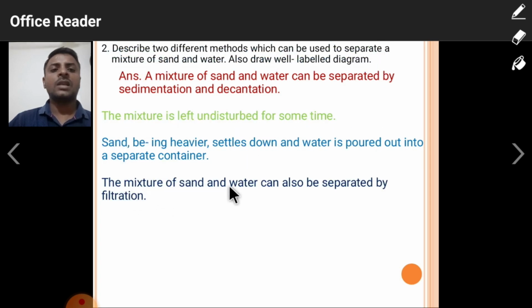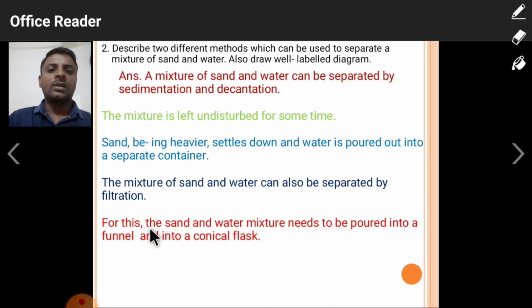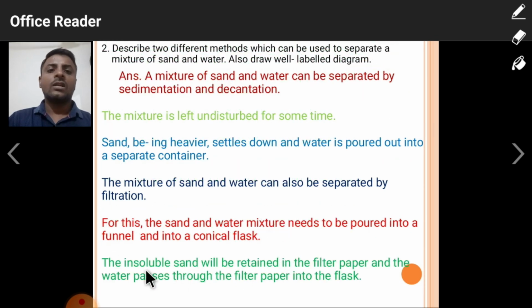The mixture of sand and water can also be separated by filtration. For this, the sand and water mixture needs to be poured into a funnel and into a conical flask. The insoluble sand will be retained in the filter paper and the water passes through the filter paper into the flask.